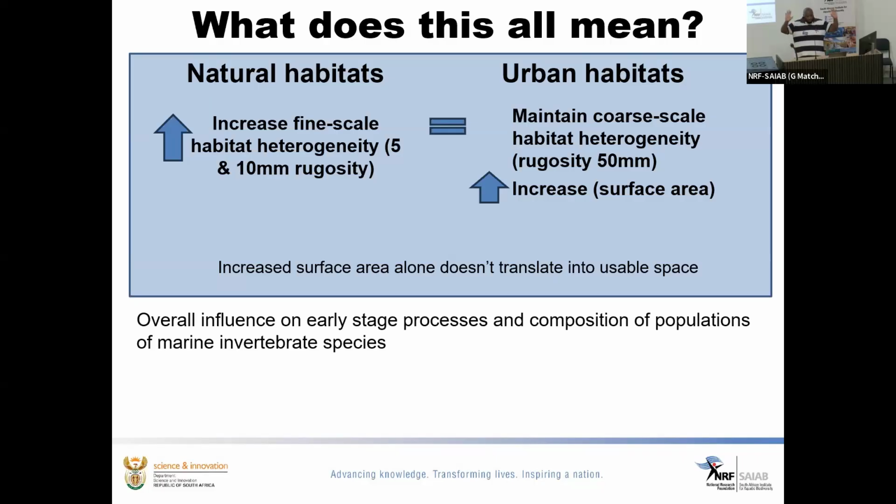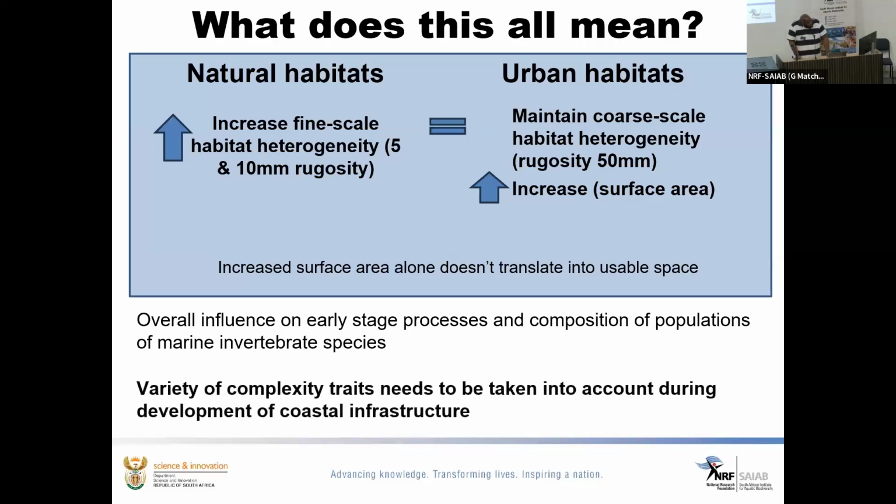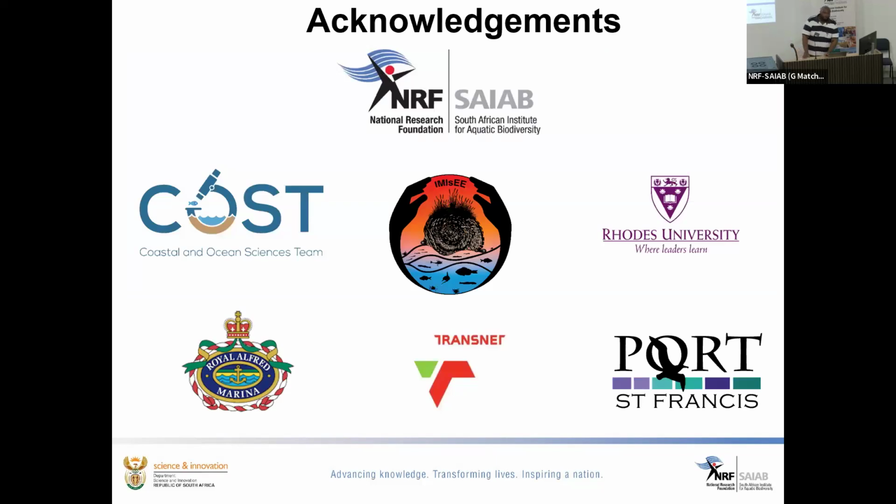So these 2 differences between the natural and the urban overall influence early stage processes such as recruitment and settlement, and then the composition of populations of marine invertebrate species. The take home is that a variety of complexity traits need to be taken into account during development of coastal infrastructure. Thank you.